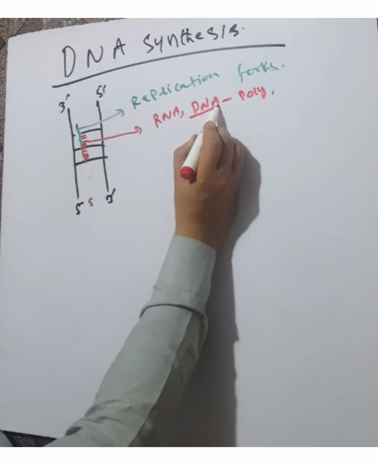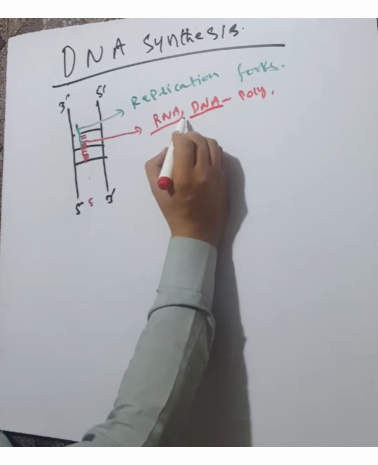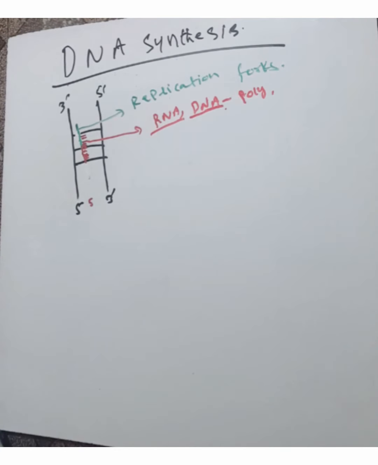The DNA polymerase cannot act without the RNA polymerase, so both enzymes are needed to start the replication of DNA.